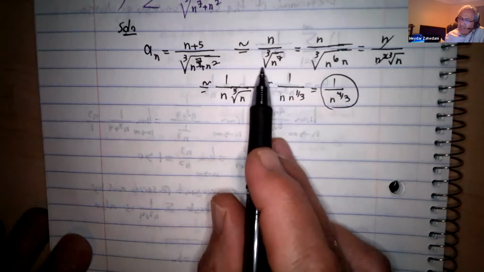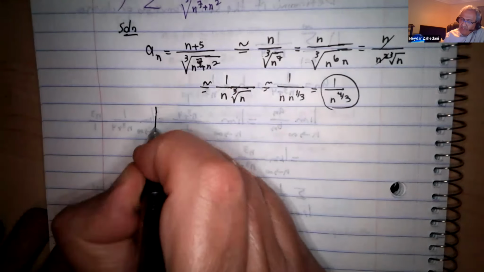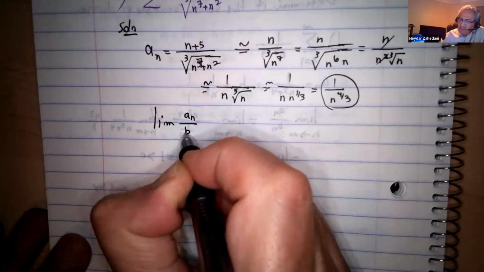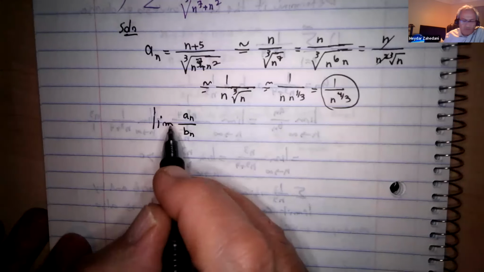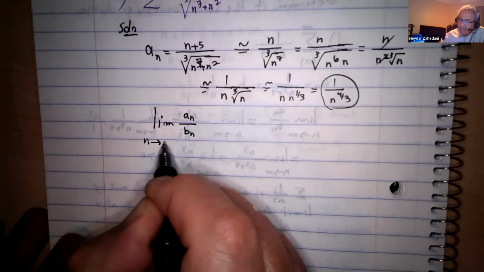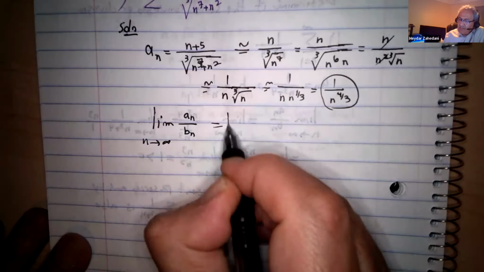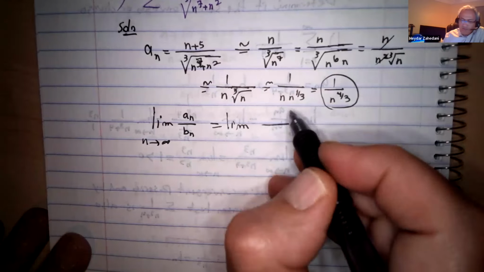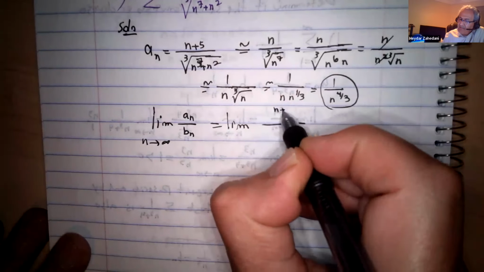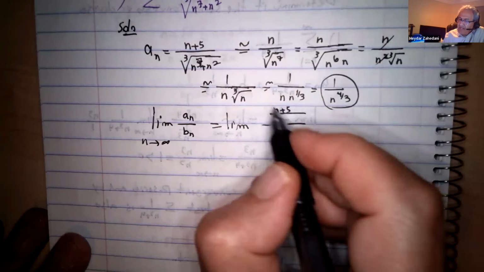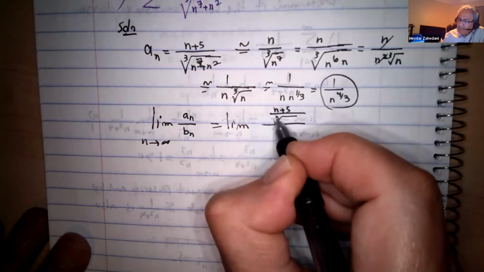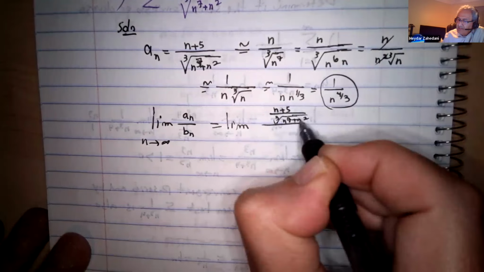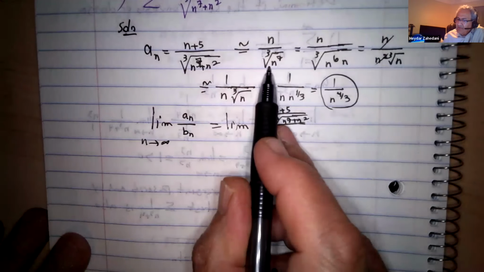If you like, just go back and find the limit of an over bn when n goes to infinity. Your an is n plus 5 divided by the cube root of n to the 7 plus n squared. You divide it by the one that you got over here.